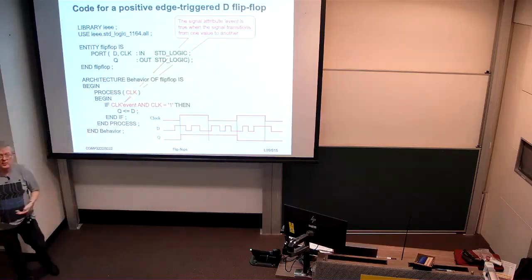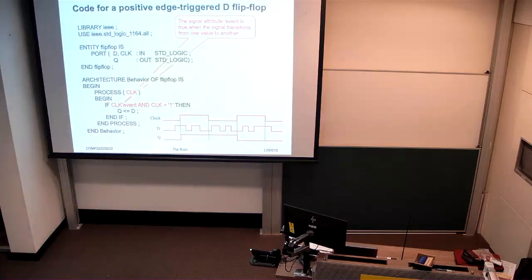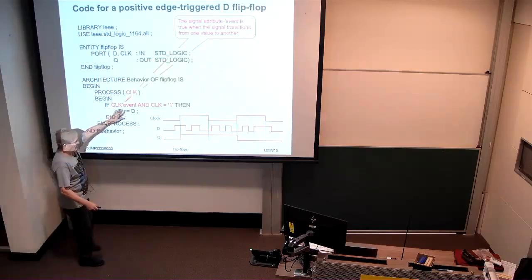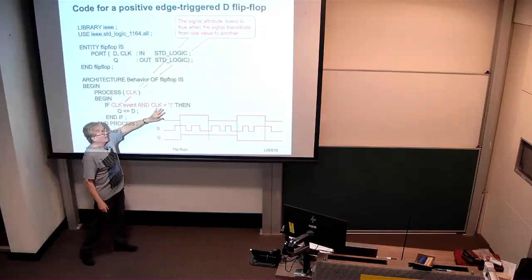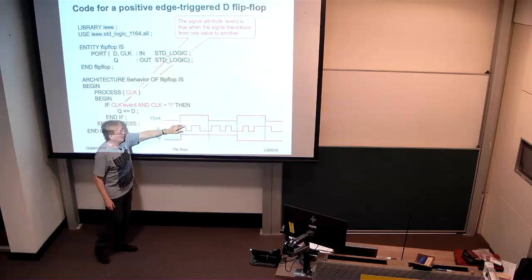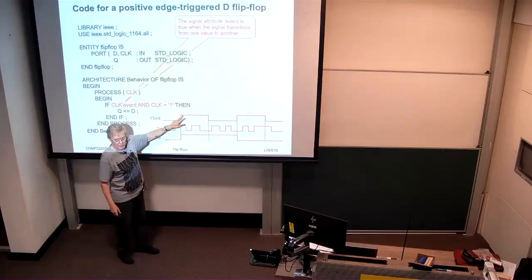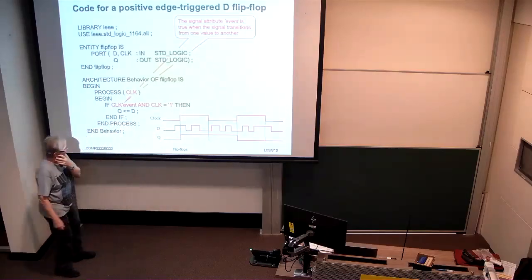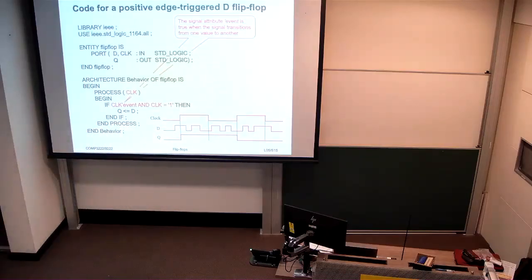But so is going from uninitialized to 1, or from X to 1, or from H to 1. All of those are events. And all we care about is that now the value is 1, because that to us means we've just had a positive edge, and we're now at a high value, and as a consequence, we want to remember what the value of D is right now.